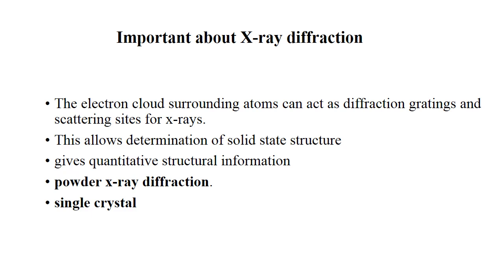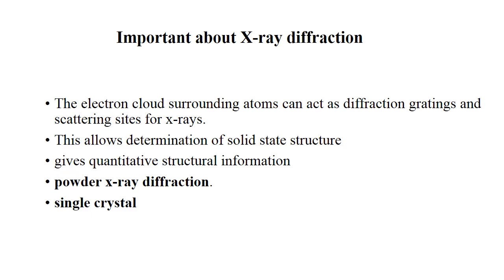If the sample is a powder, then the X-ray diffraction technique is called powder X-ray diffraction, and it provides the cell constants for the unit cell of the solid. When the sample is a single crystal, the intensities of the diffraction peaks are used to identify all atom locations, which gives bond lengths and bond angles.